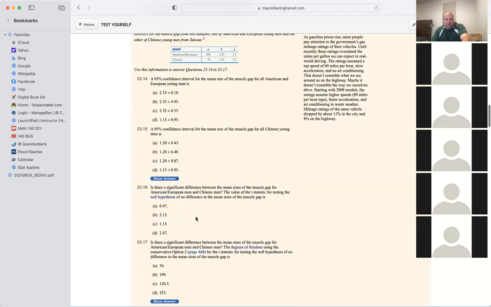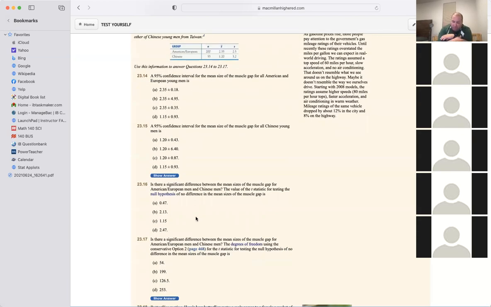I don't think it actually asked for it, but is there a significant difference? I mean, yeah. And alpha equals 0.05. What alpha are you using? 0.05. And why do you say there's a significant difference?